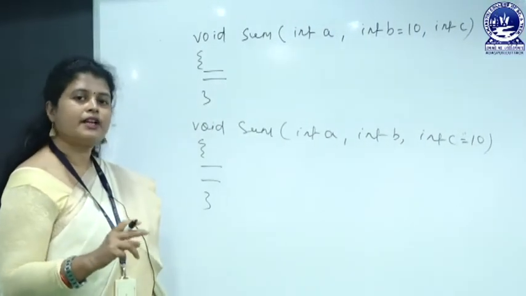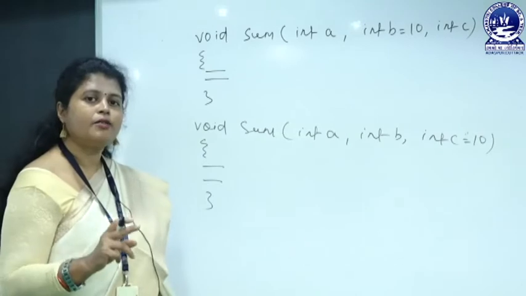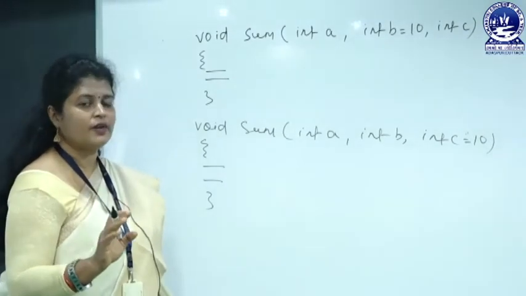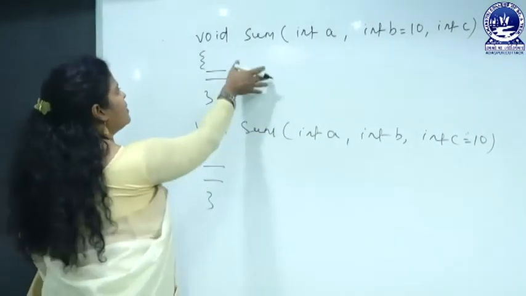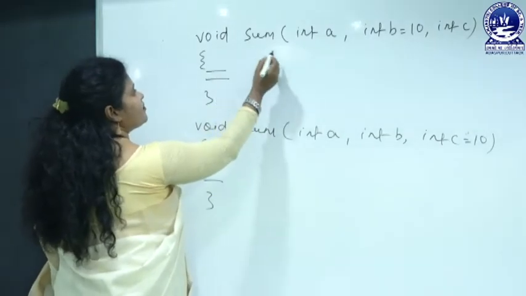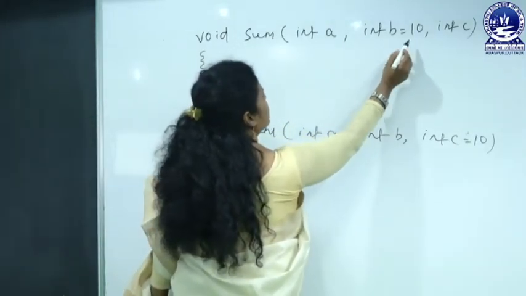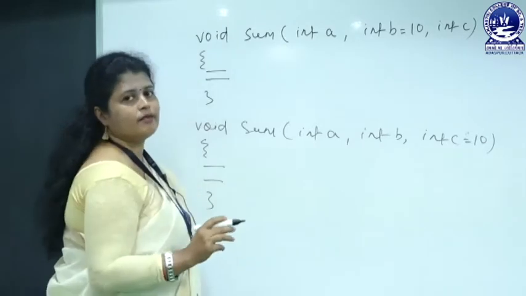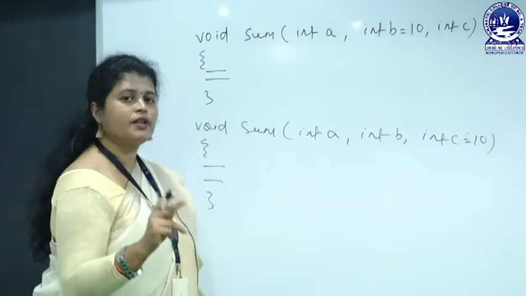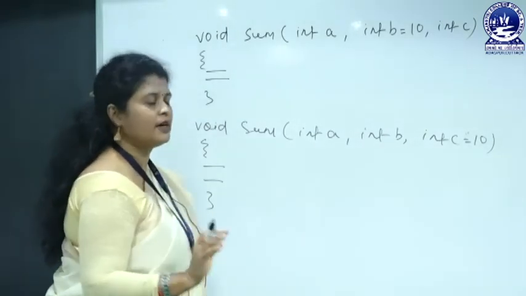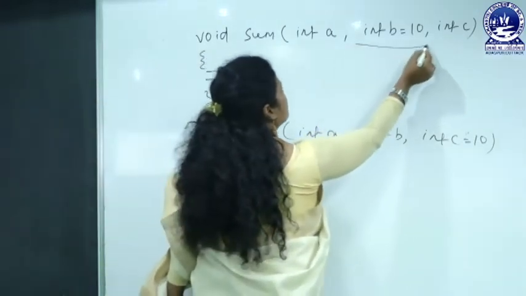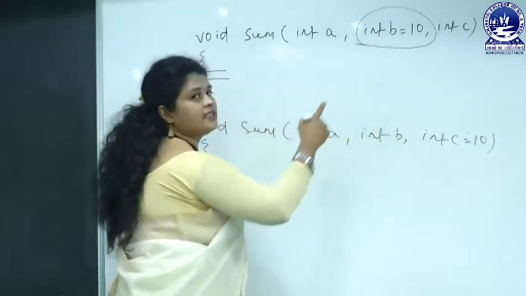Suppose you are writing a sum function and you want to use one default argument, and suppose you write the function in this way: void sum(int a, int b = 10, int c). Because here you need to use only one variable as a default argument, the system will prompt an error. You cannot use it in this way.